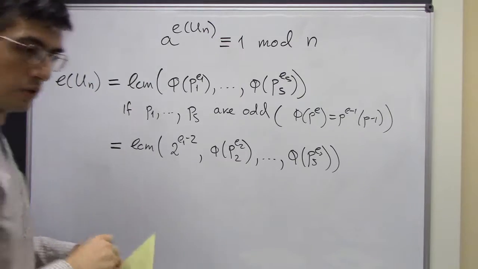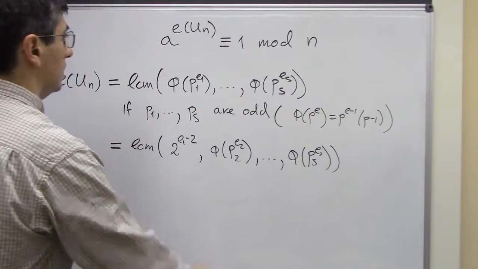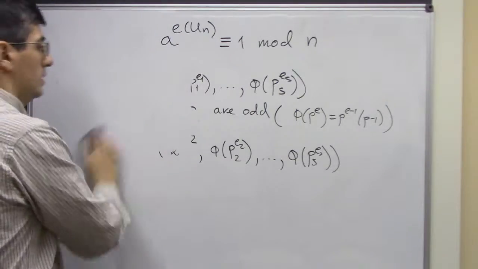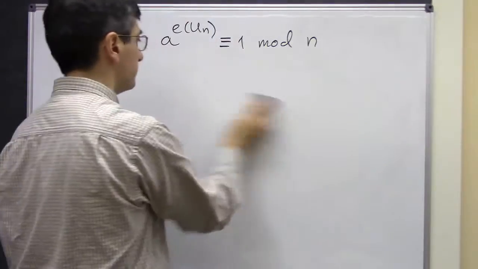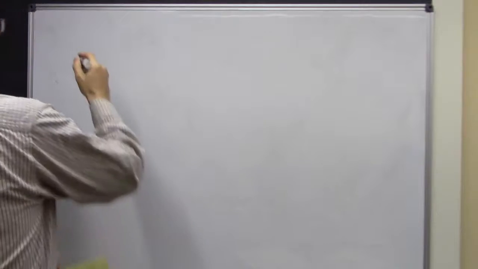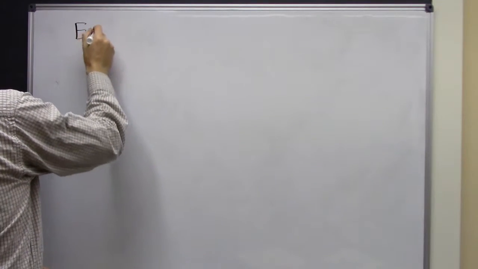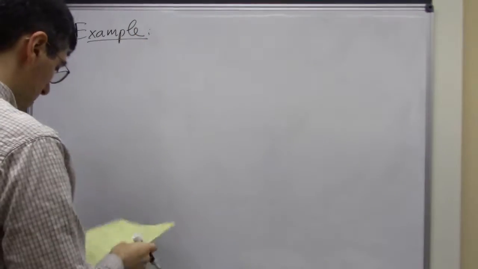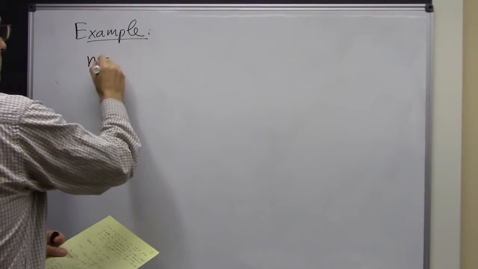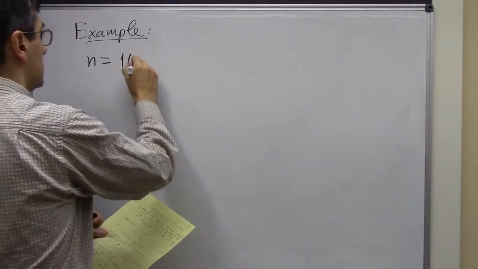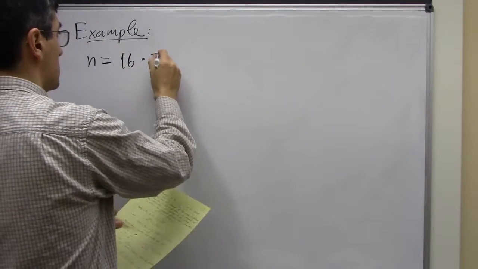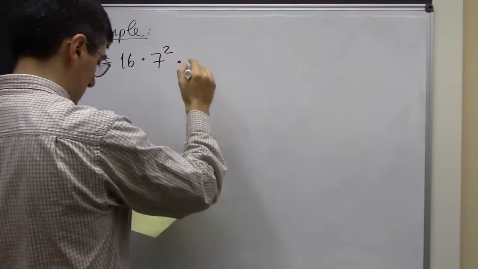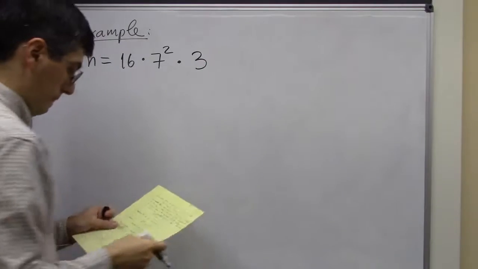Let me finish with an explicit example where you see how this works. We take n to be 16 times 7 squared times 3.